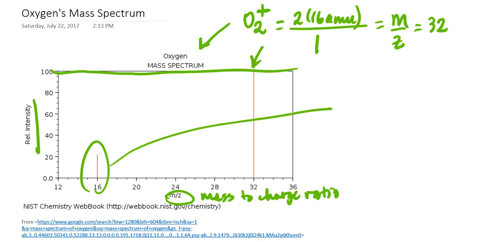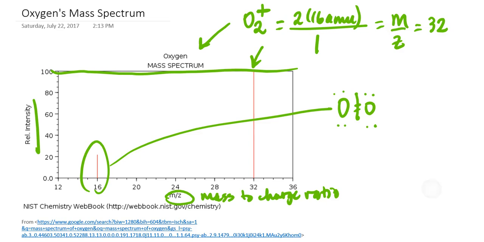Now, if we think carefully, that could be caused if I have provided too much energy when volatilizing the sample, then it's entirely possible that I might inadvertently break this bond between the oxygen atoms in diatomic oxygen when I'm trying to ionize this sample of oxygen gas.